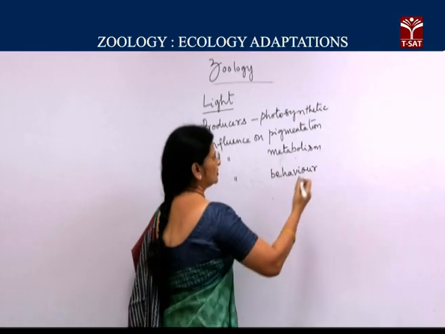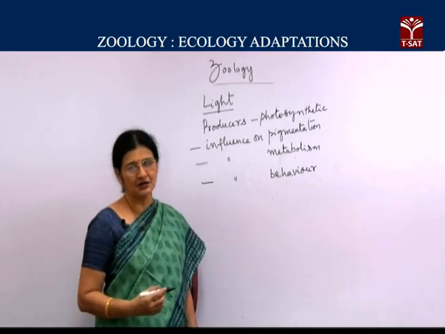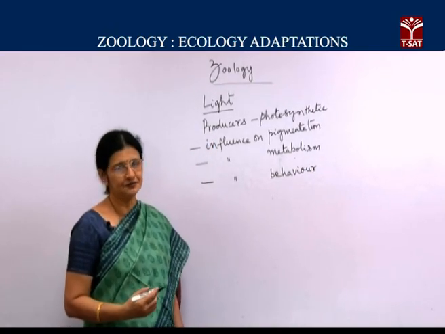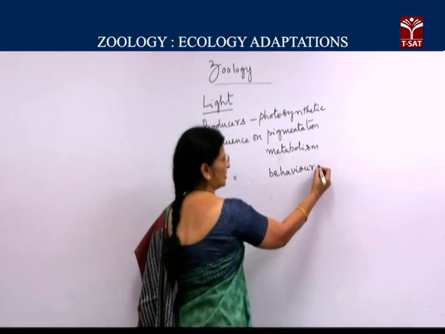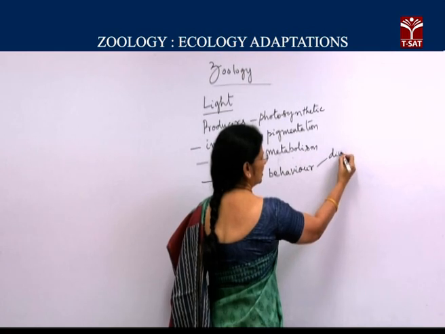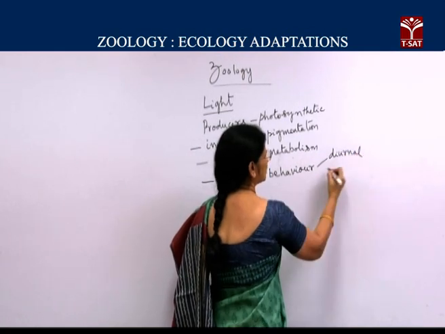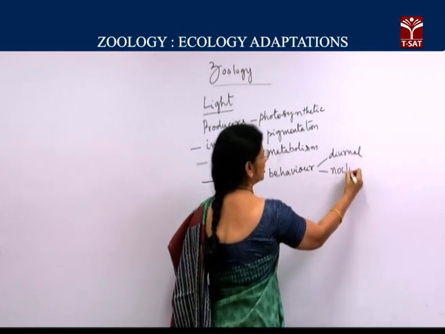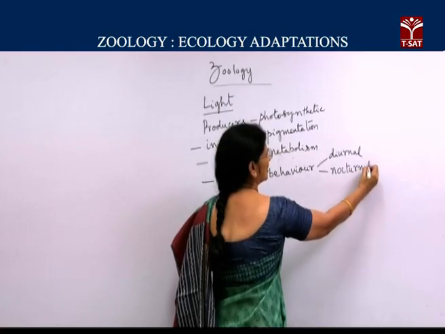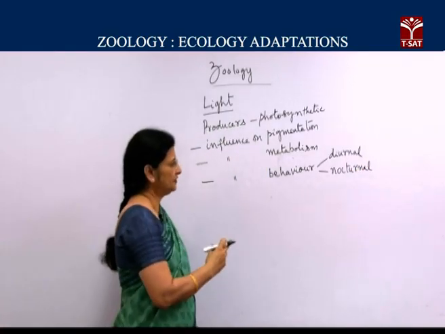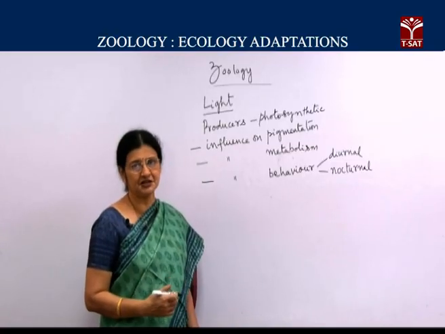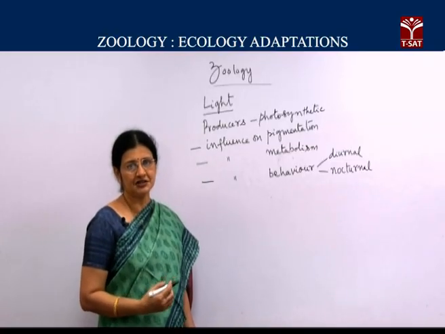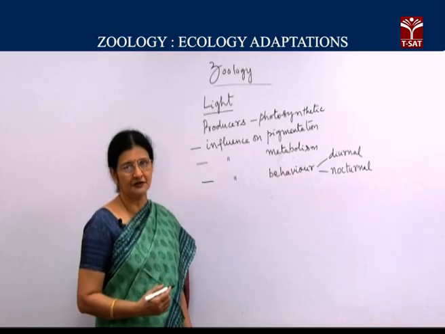As we all know, some of the organisms are active during daytime, they are called diurnal animals. Some of the organisms are active during night time, they are called nocturnal organisms. So, the behavior which is getting influenced, in this case it is mainly the factor light influencing the behavior.